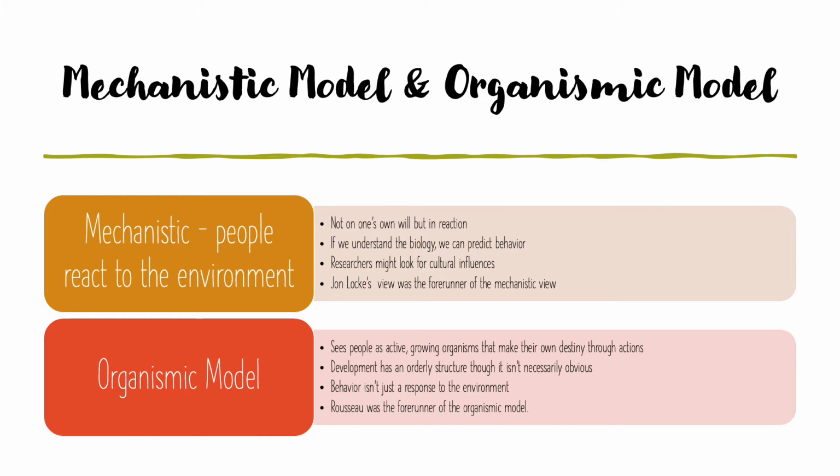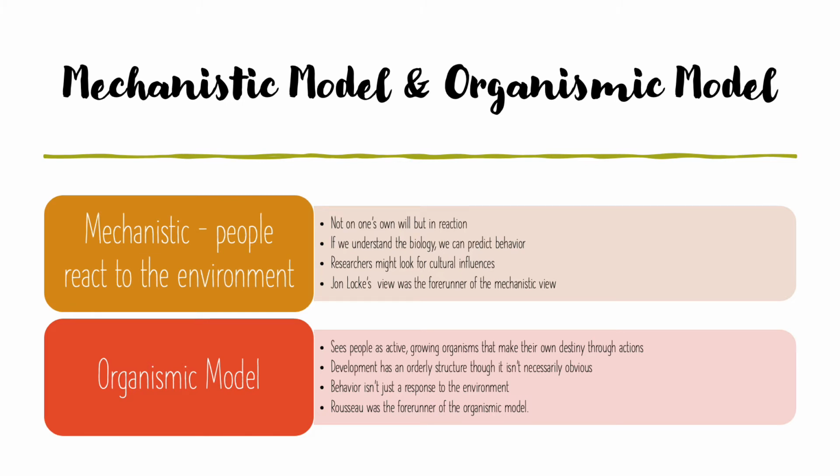So in the mechanistic view, people react to their environment. It's not on one's own will, but in reaction. If we understand the biology, we can predict behaviors. So researchers might look for cultural influences. And again, John Locke was the forerunner of this view.